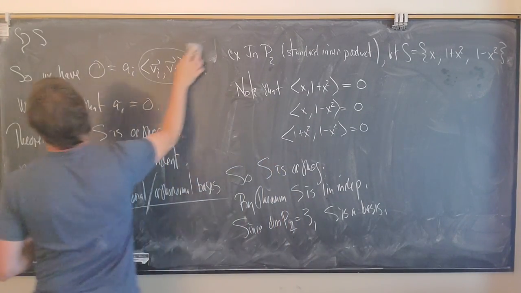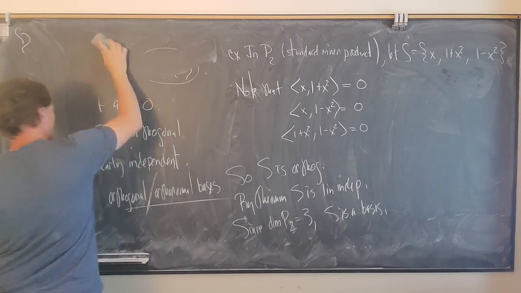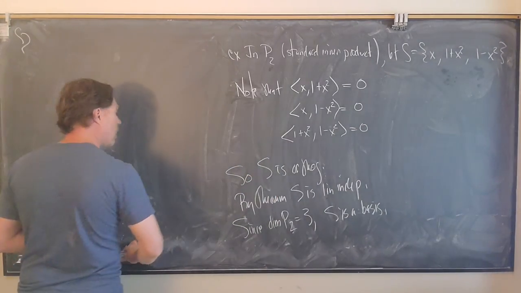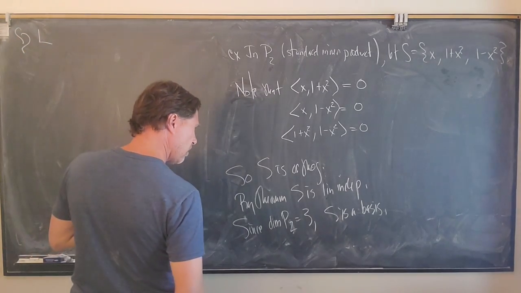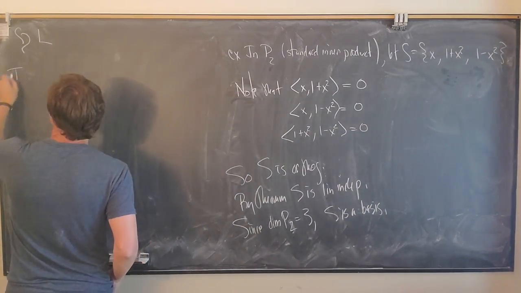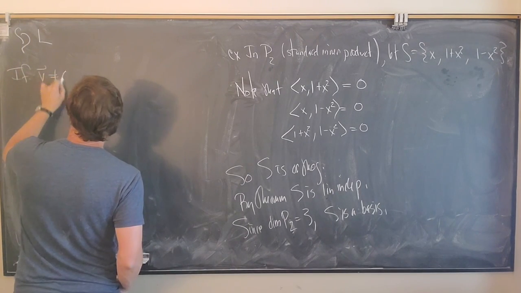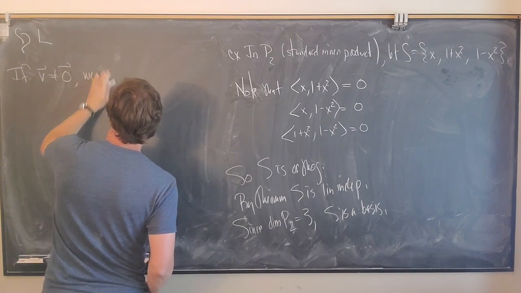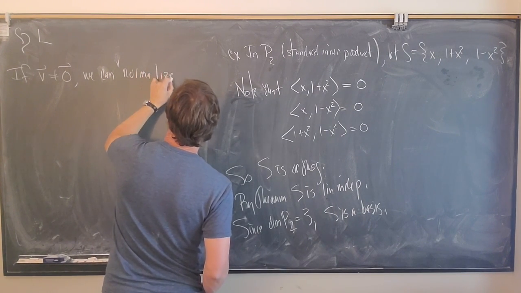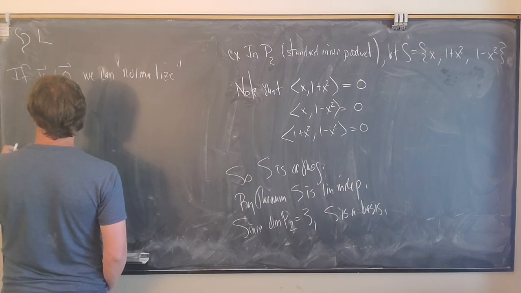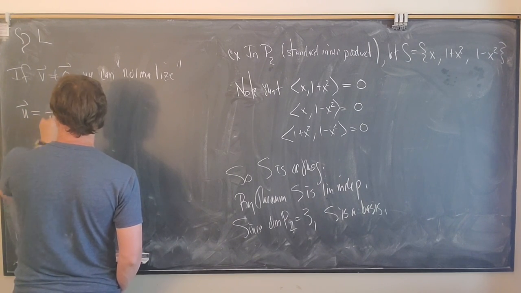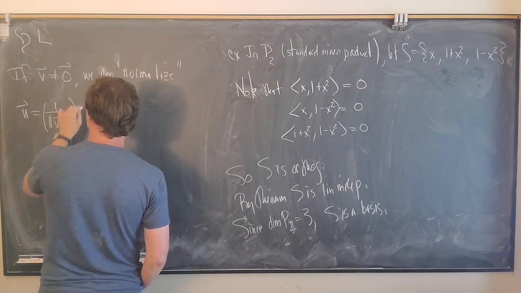One thing to be aware of. If v is not equal to the 0 vector, we can normalize, meaning that we can define the vector u equal to 1 over the length of v times v.